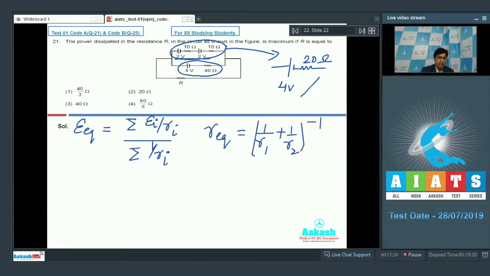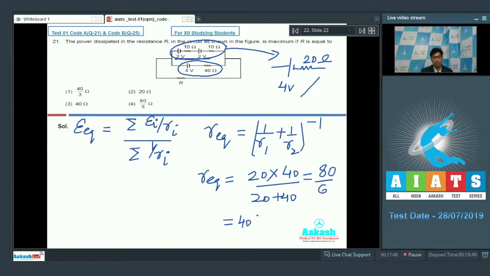Now R1 here is 20 ohms and R2 is 40 ohms. So R equivalent can be written as 20 into 40 by 20 plus 40, that is equal to 80 by 6, or 40 divided by 3 ohms.